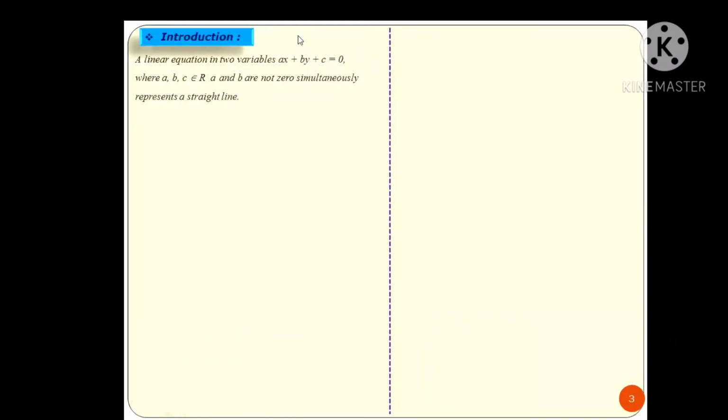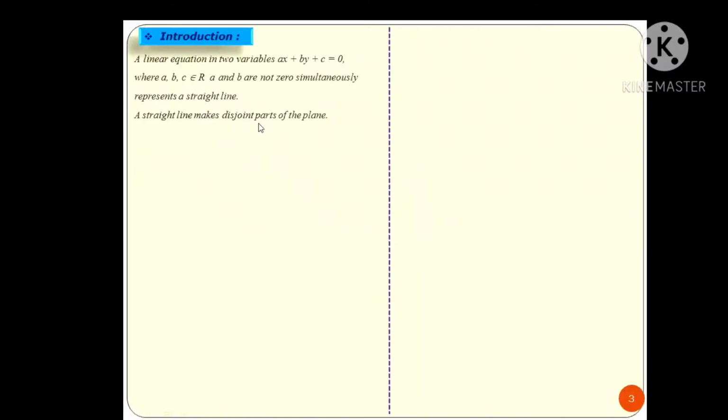This equation ax plus by plus c equal to 0 represents a straight line.